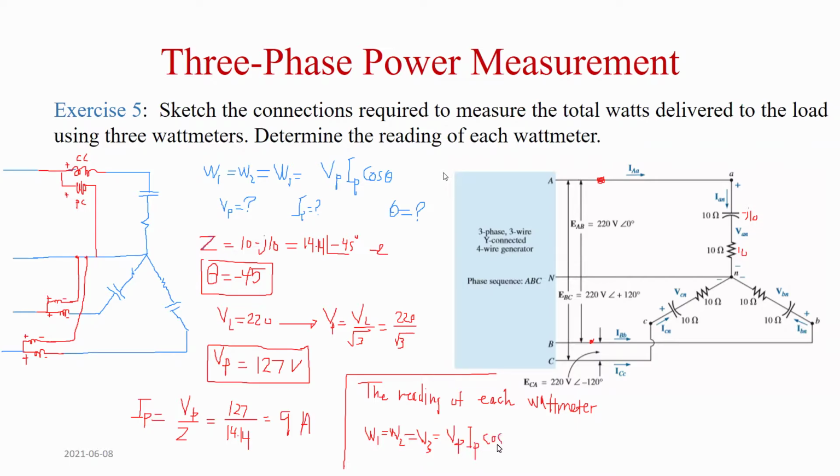Now we take the phase values because it's one phase. So 127 times 9 times cosine minus 45. And this should give me a number.